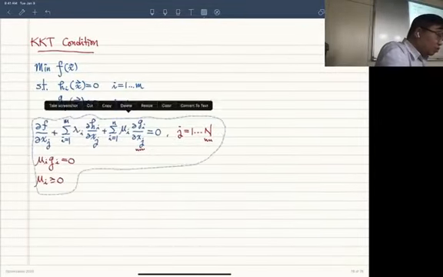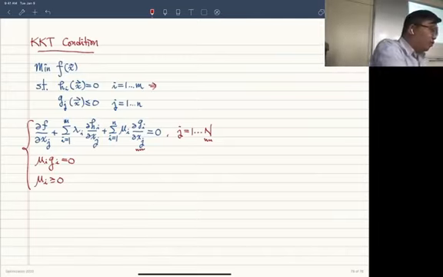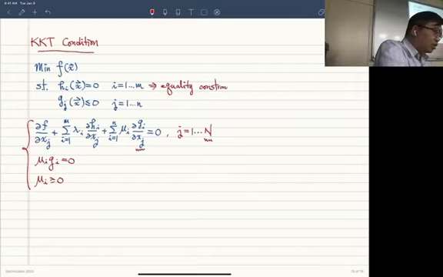So these are the equations for KKT conditions. Over here, small n is the number of equality constraints, and small n is the number of inequality constraints.